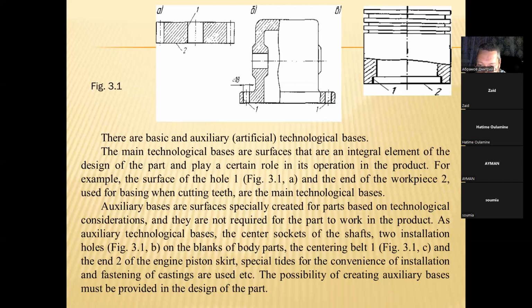The possibility of creating auxiliary bases must be provided in the design of the parts. So we can use the main technological basis and the auxiliary basis.